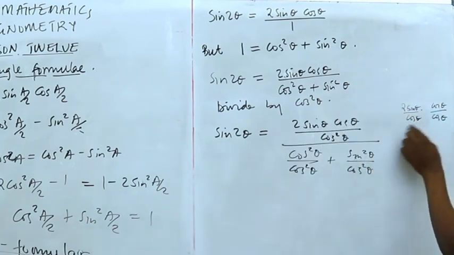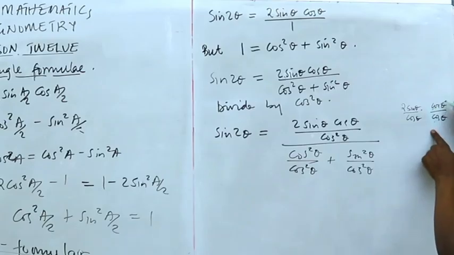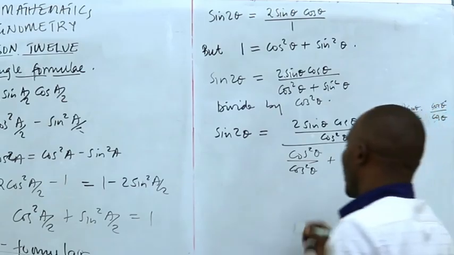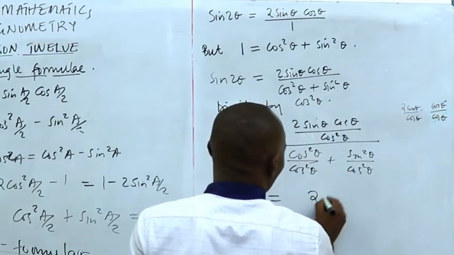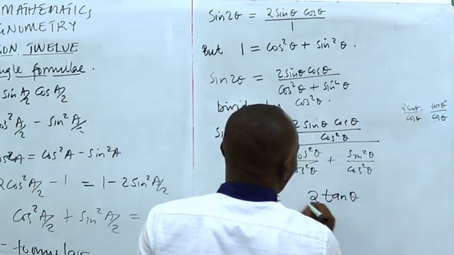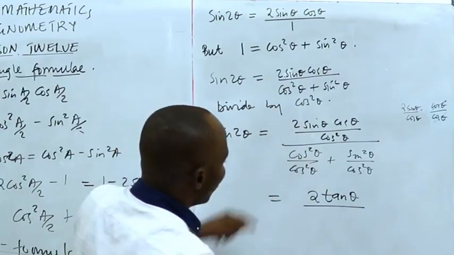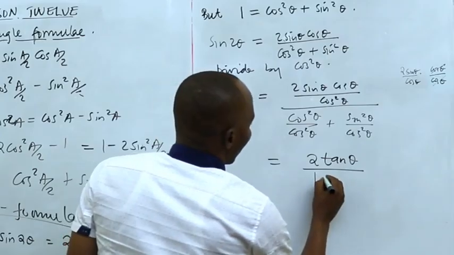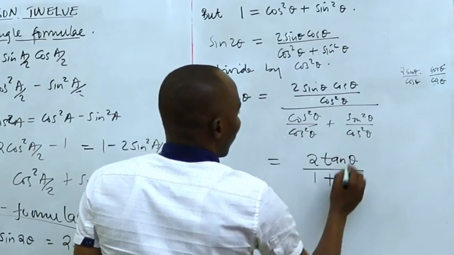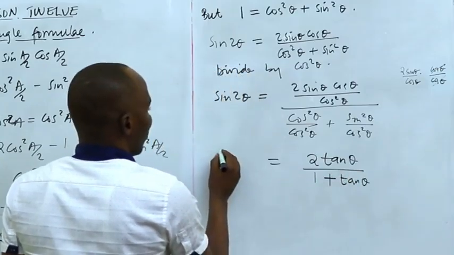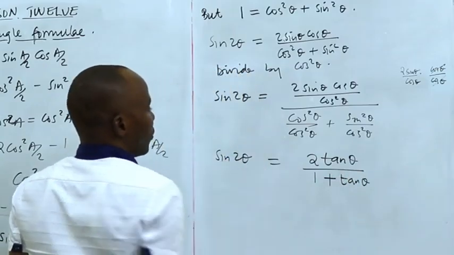That's why I'm having this. Now you can see that this one goes away with that. Sine over cos is a tan. Therefore, up there we have 2 tan theta over. Now, cos squared over cos squared is 1 plus sine over cos is a tan theta squared. That one is the value of sine 2 theta.